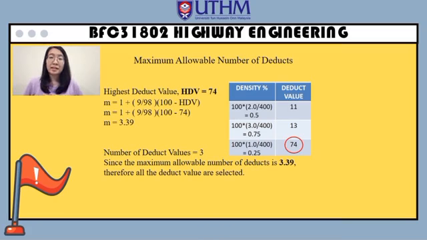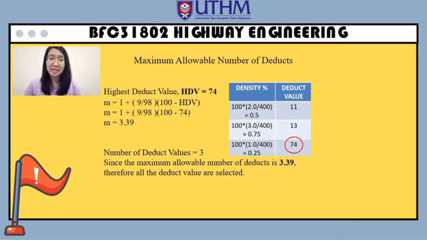For the next step, the second step, we need to get the maximum allowable number of deducts by using the formula M equals 1 plus 9 divided by 98, multiplied by 100 minus HDV, where HDV is the highest deduct value.